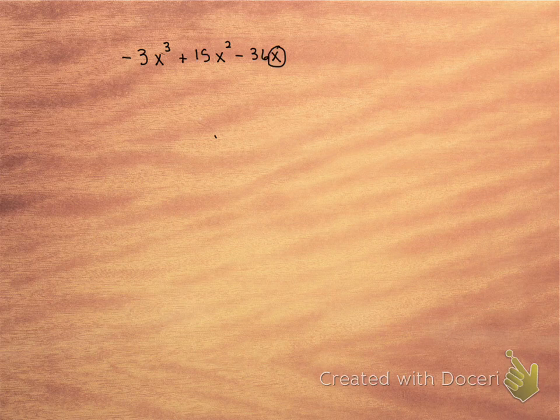You can take one x out of here, one out of there, and one out of there, but if you wanted to take an x squared, you don't have 2 x's here to take. So that's not going to work. The greatest number of x's that you can take is a single x. So we can take a negative 3 and a max of 1x. So negative 3x.